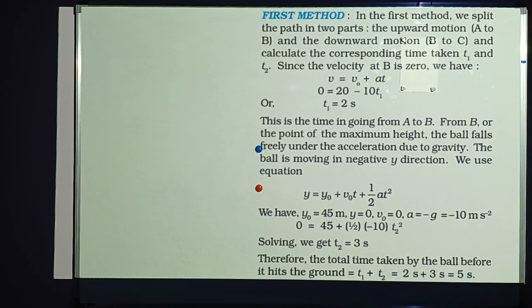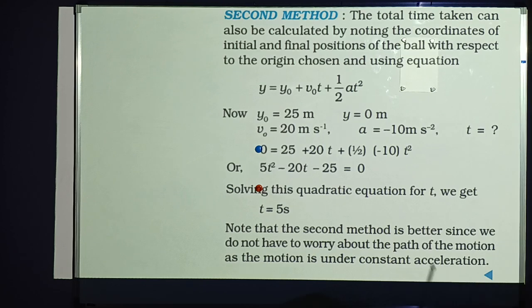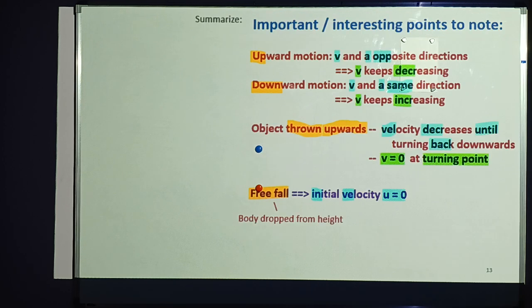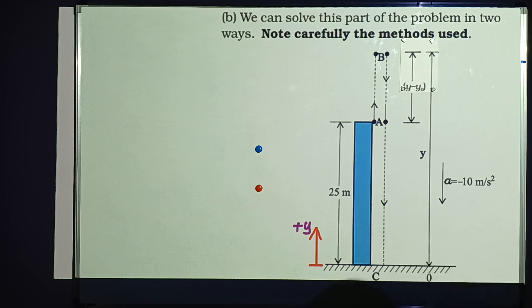Second method, analyze the entire motion and then use s equal to ut plus half at square. And here you can also choose the coordinate system like this, the origin of the y-axis on the ground and upward direction is positive. So with this, the initial displacement, let's say the displacement of the point A, is plus 25.